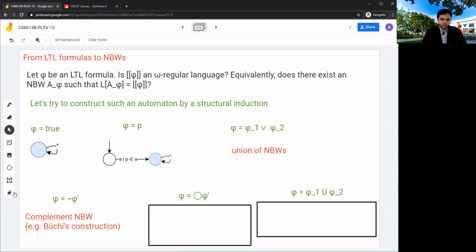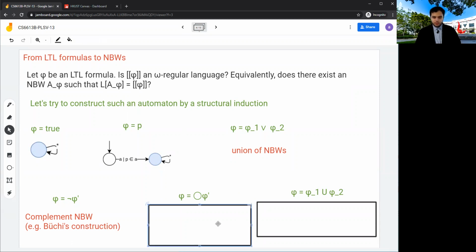Okay, next case is what happens if phi starts with the next operator. So phi is next phi prime. This means that ignoring the first letter and only looking at the suffix that starts at index 1, I want to have phi prime.